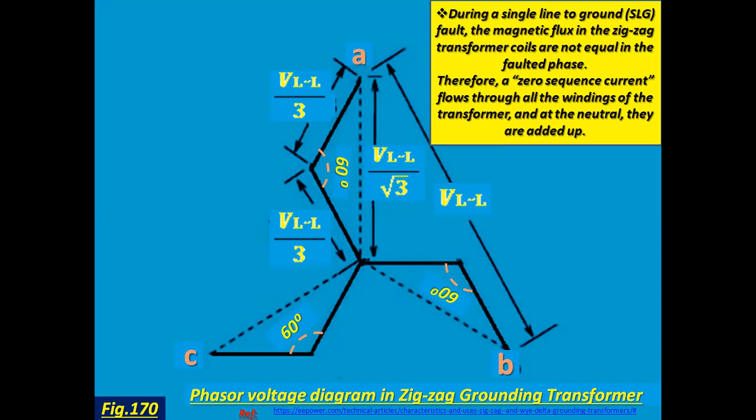During a single line to ground fault, the magnetic flux in the zigzag transformer coils are not equal in the faulted phase. Therefore, a zero sequence current flows through all the windings of the transformer, and at the neutral, they are added up.